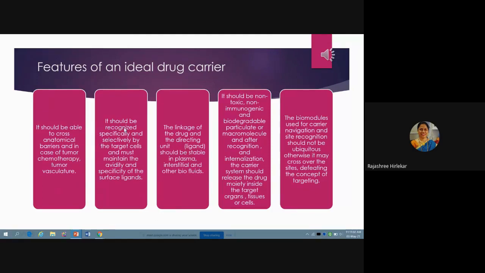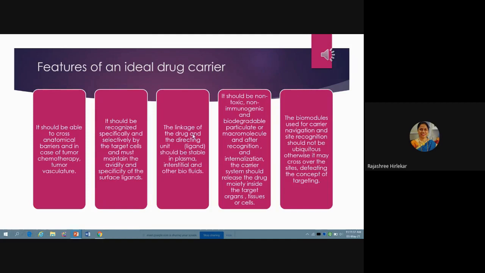Therefore it should be recognized specifically and selectively by the target cell, and it must maintain the avidity and specificity of the surface ligand. That is, it should go to that particular specific organ and give the required action there. So avidity and specificity of the surface ligand is very important.